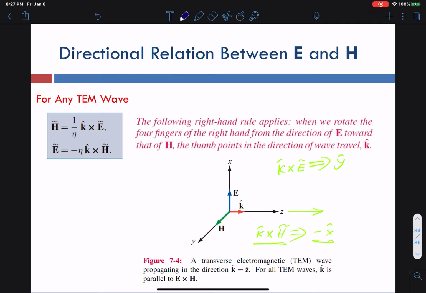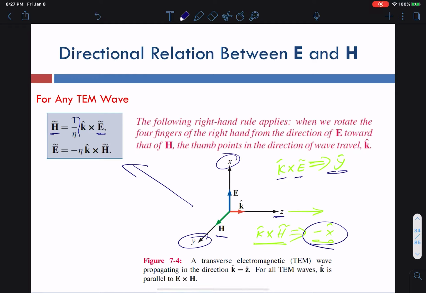So normally k is in the Z direction over here and E is in the X direction. That's our direction from the beginning. So if I do k cross E, I'll get positive Y, in the Y direction. And if I do k cross H, I'm going to get negative X direction. So that is the basis for this. H, the magnetic field, which is in the Y direction, is the result of E with the magnitude 1 over eta times the k direction.